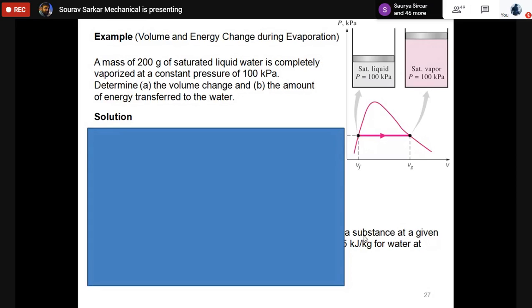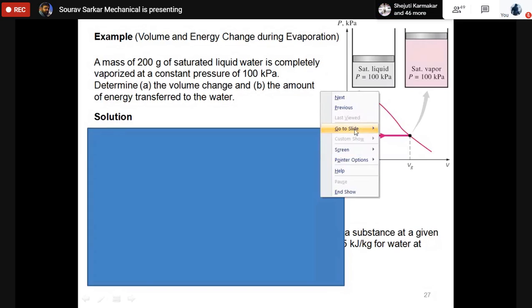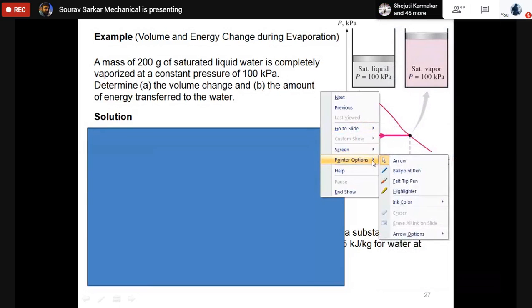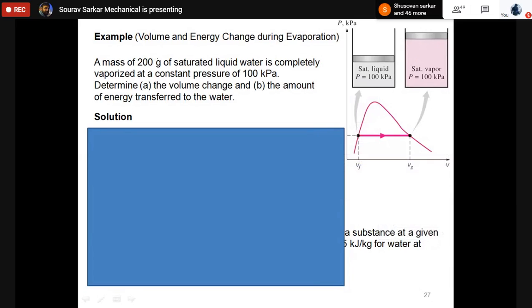A mass of 200 gram of saturated liquid water is completely converted into vapor at a constant pressure of 100 kPa. Determine the volume change and the amount of energy transferred.